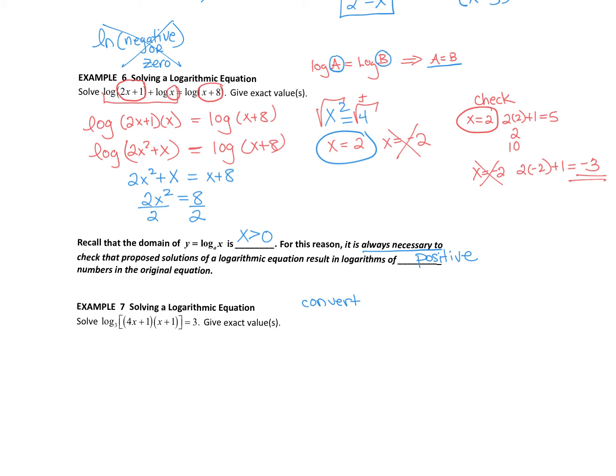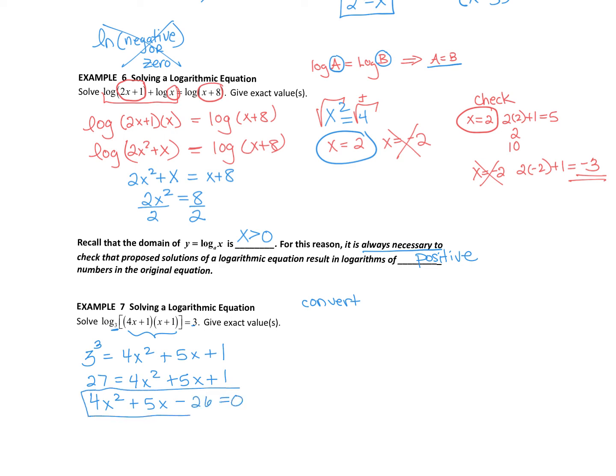So this would give me 3 to the third equals, and I'm going to go ahead and multiply this out, 4x squared plus 5x plus 1. So 27 equals 4x squared plus 5x plus 1, or 4x squared plus 5x minus 26 equals 0.